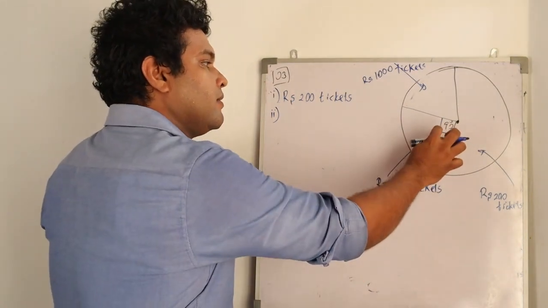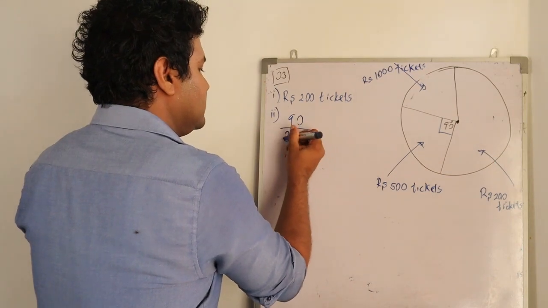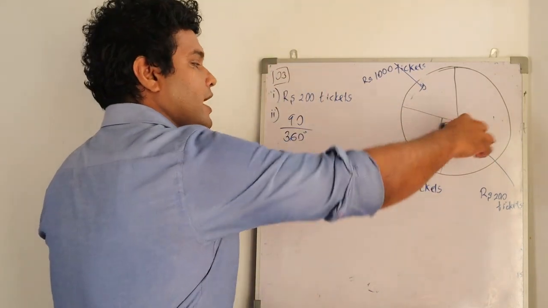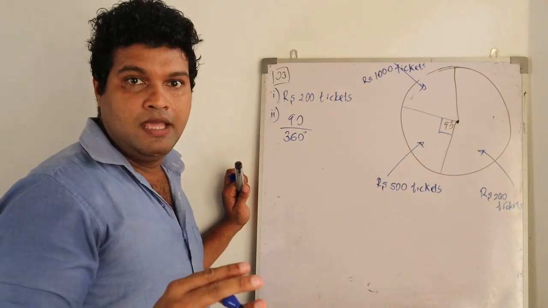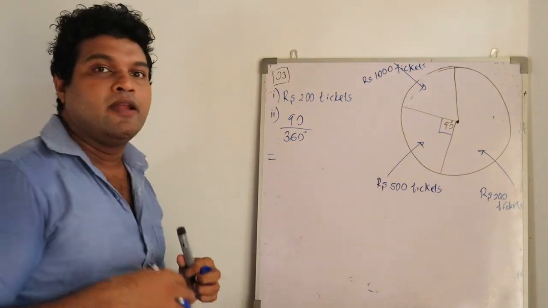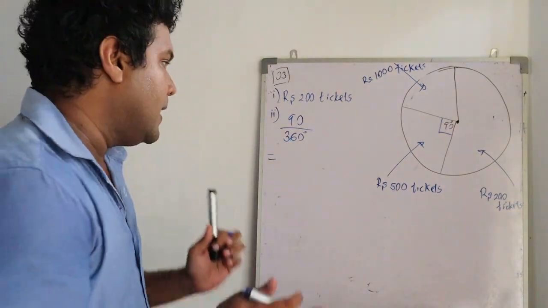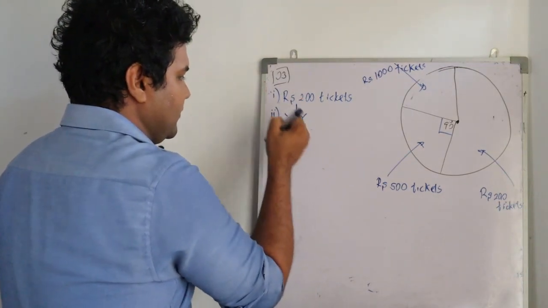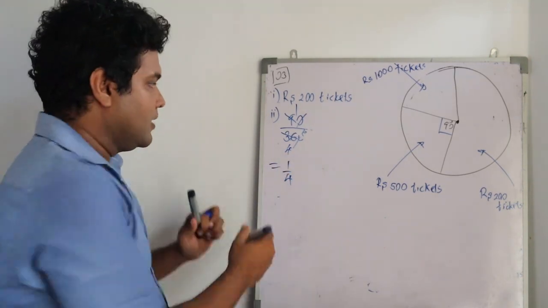Therefore, the fraction relevant to that should be 90 upon 360. Because the 90 degrees, the whole angle is 360. That's how we form a fraction. You know how to form a fraction, right? Using angles we can form fractions. Using values we can form fractions. Okay? 9 times 1, 9 times 4. The fraction is 1/4.